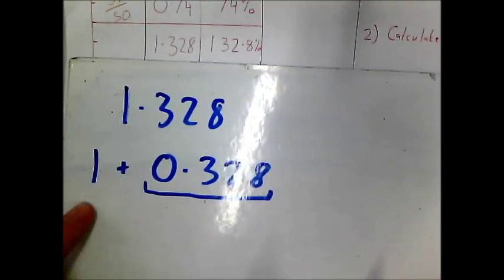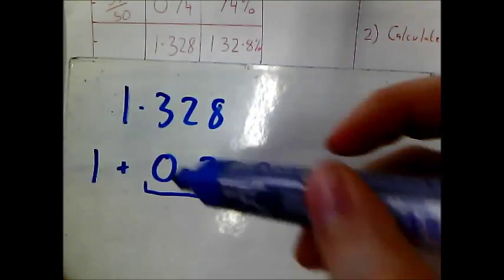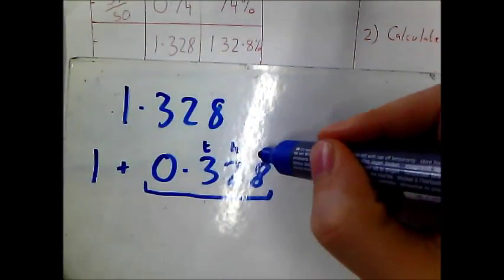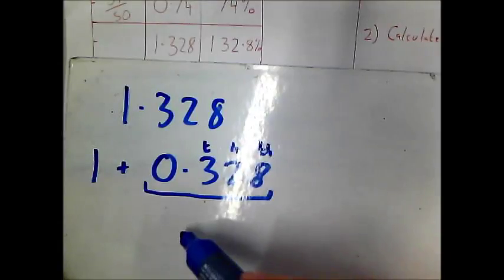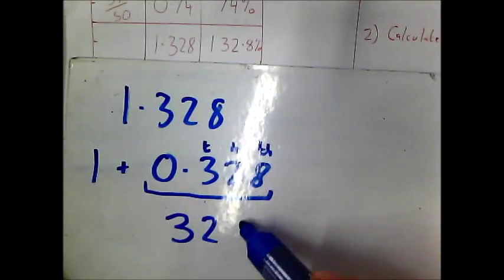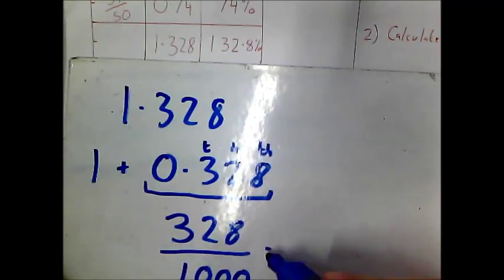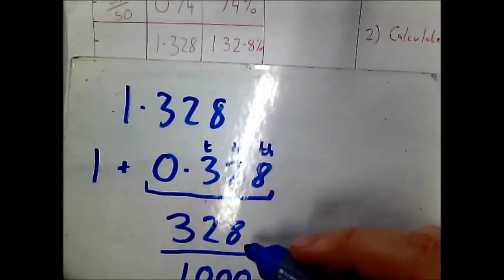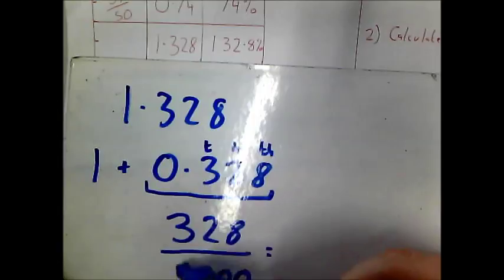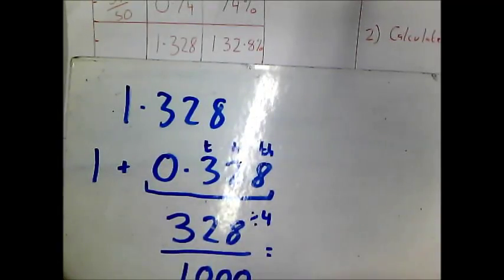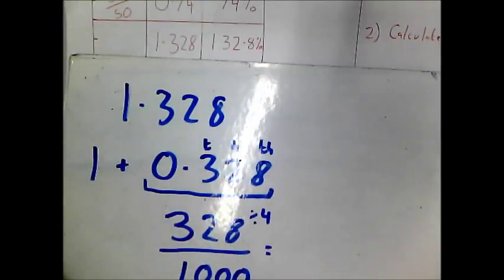Okay, so just like before, I've got tenths, hundredths, and thousandths. So this is 328 thousandths. And now try and simplify that where possible. So I have a common factor of 4 in here, and a 4 in here, I believe.